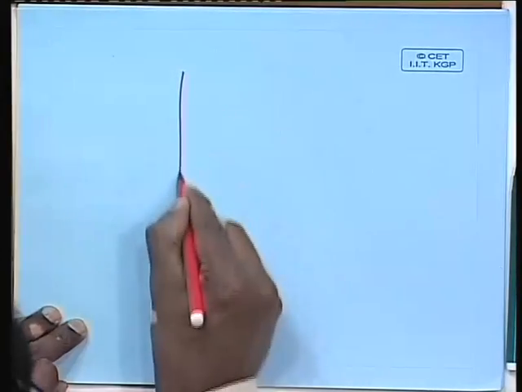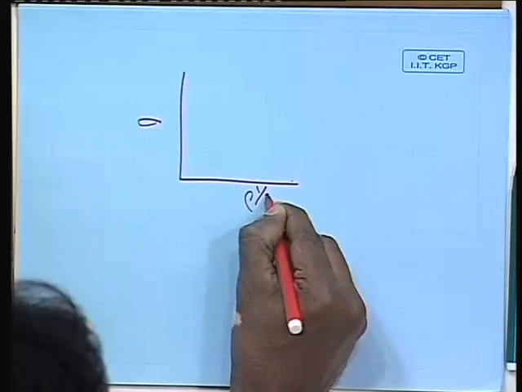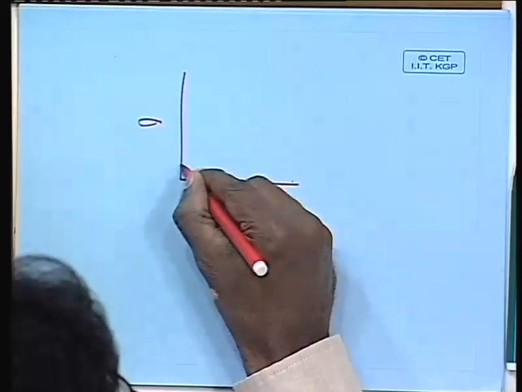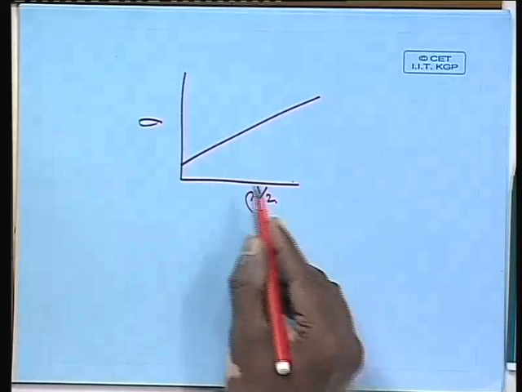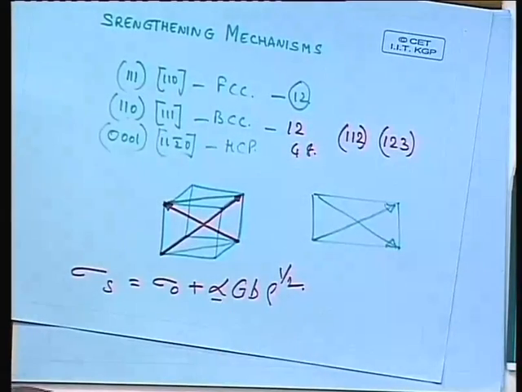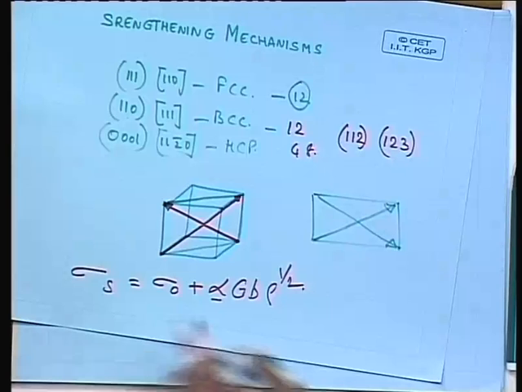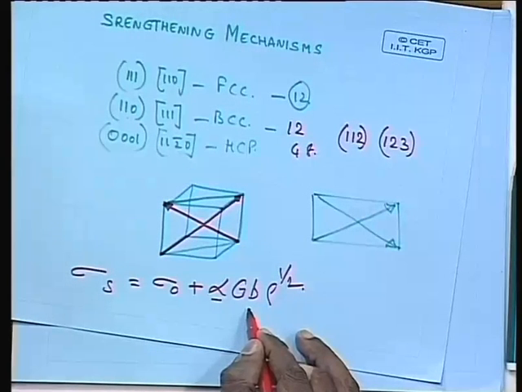If you look at this formula more closely, it shows that the yield strength, if you plot it against rho to the power half, is a straight line relation, isn't it? And here this alpha is nothing but a constant of the order of around 0.3 to 0.6, G is the shear modulus, b is the Burgers vector.